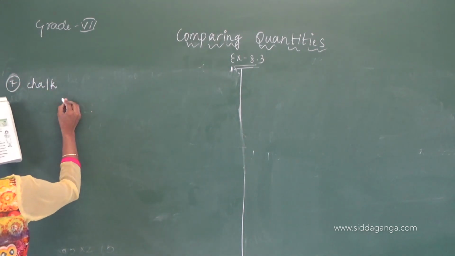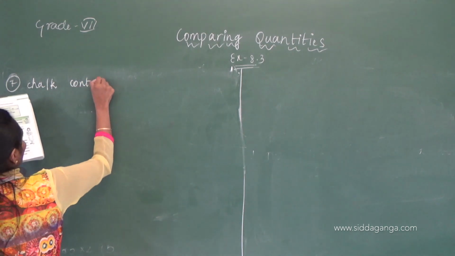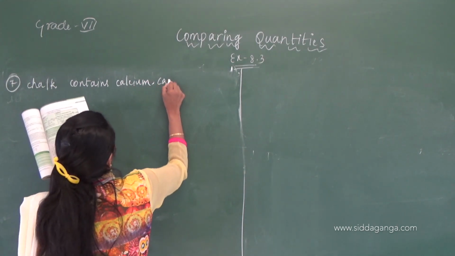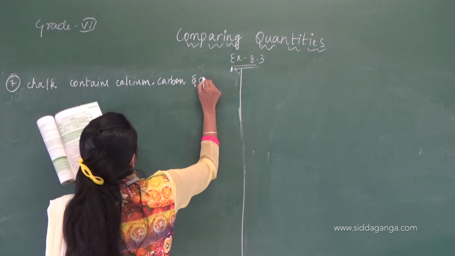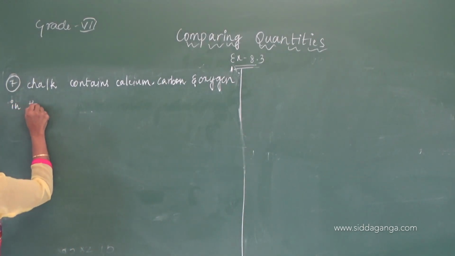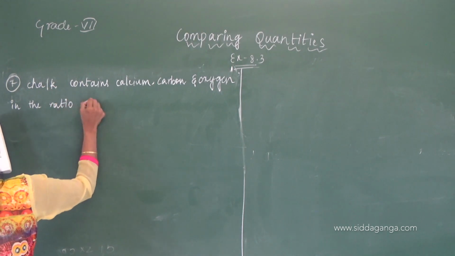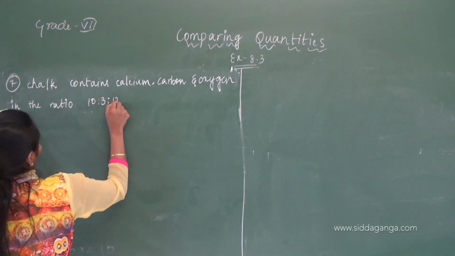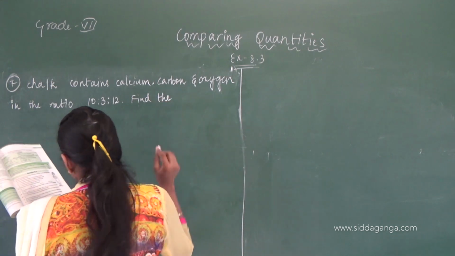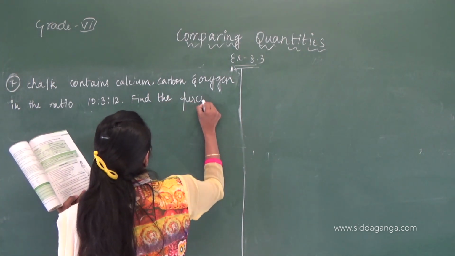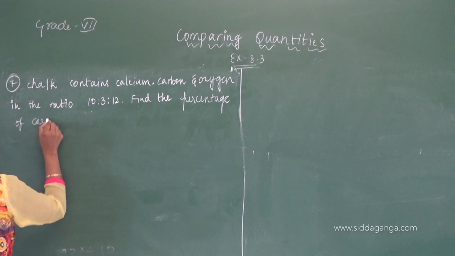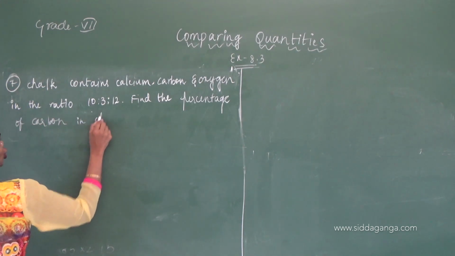Chalk contains calcium, carbon and oxygen in the ratio 10:3:12. Find the percentage of carbon in chalk.